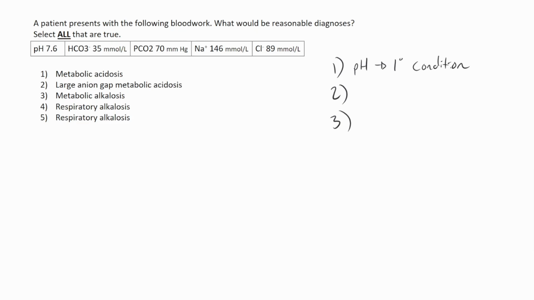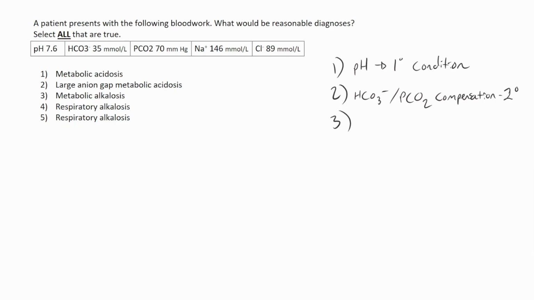The next is whether or not your bicarb or your carbon dioxide is compensated correctly. And that'll give you your secondary condition.